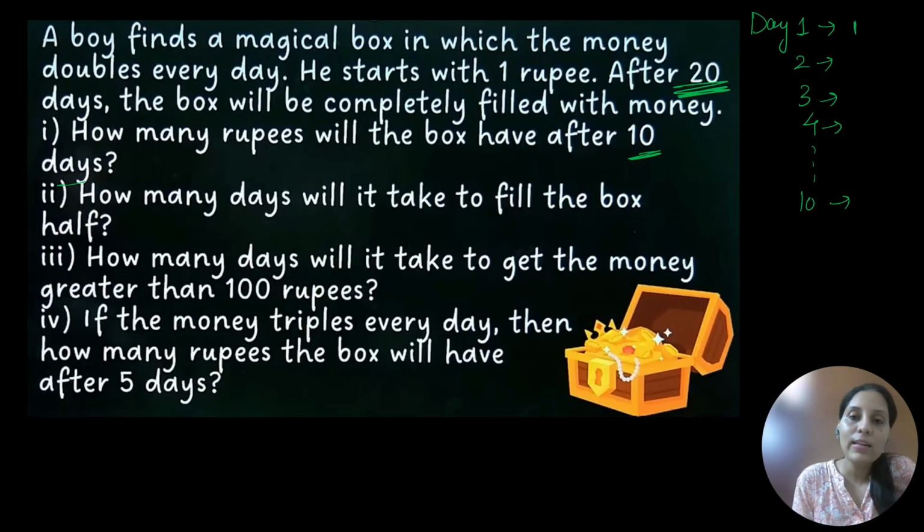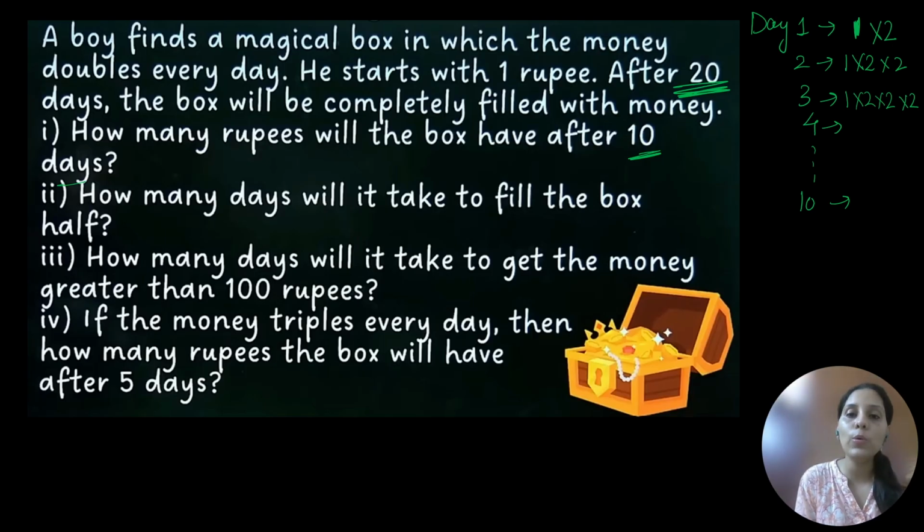So day 1, it starts with 1 rupee. Every day it's getting doubled into 2. Now, day 2, this is the original one more into 2 because it is getting doubled every day. Day 3, you will first write day 2's amount, then into 2. Why into 2? Because it is getting doubled.